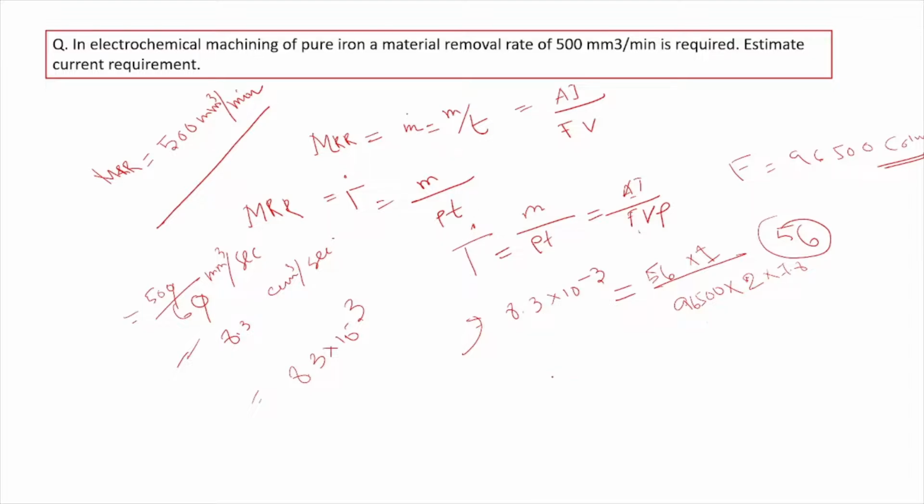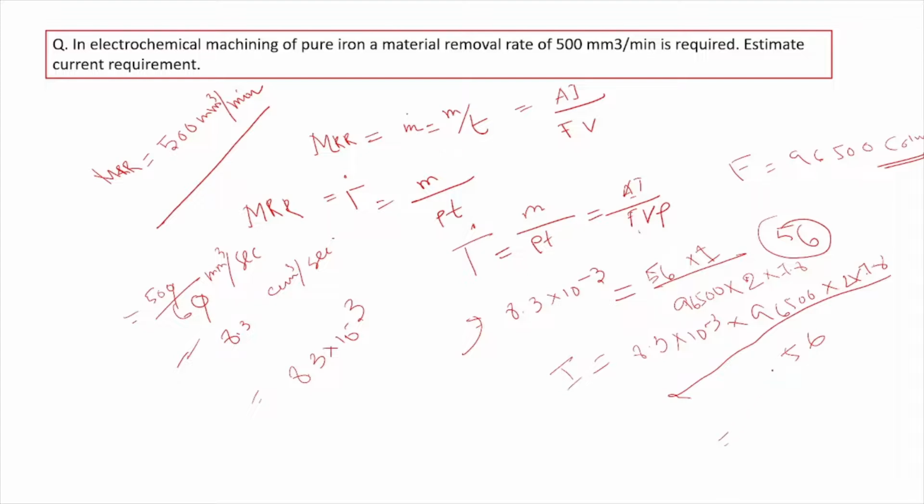So if you calculate this value, I will be 8.3 into 10 to the power minus 3 into 96500 into 2 into 7.8 divided by 56, divided by 1000.